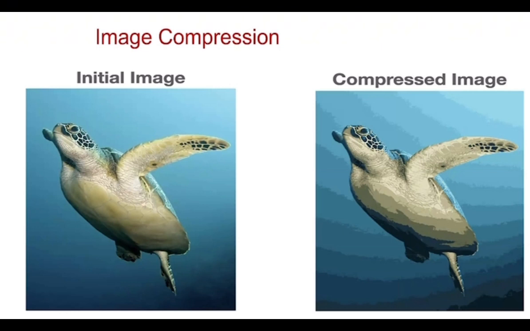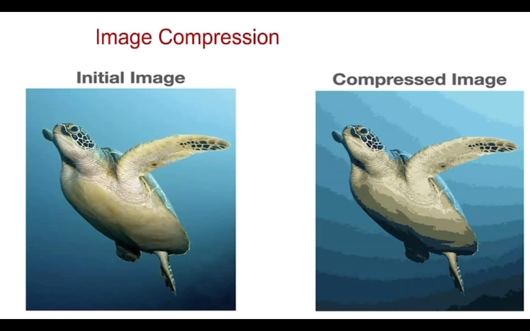And some of you maybe are wondering, why do we need to reduce that? The reason why we need to reduce that, there's a lot of benefits that come with image compression. It's going to lead to reduced file size.